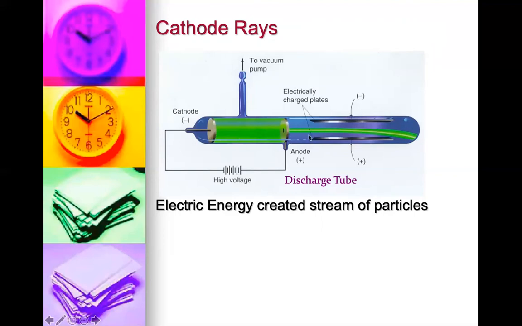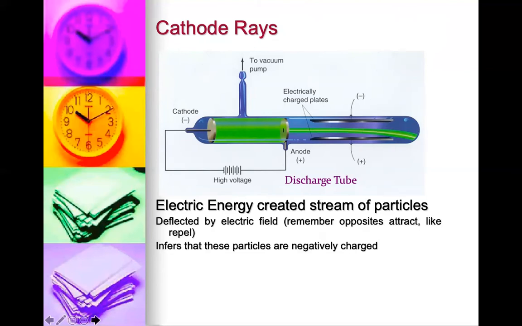When the voltage is neutral, meaning there are no negative or positive charges here, the stream of negative charge goes right through in a straight line.